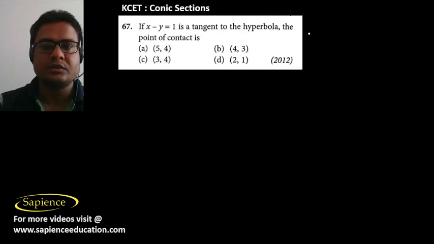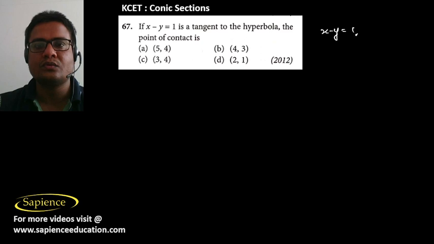Then question number 67, it is told that x minus y equal to 1 is a tangent to the hyperbola, and we need the point of contact.